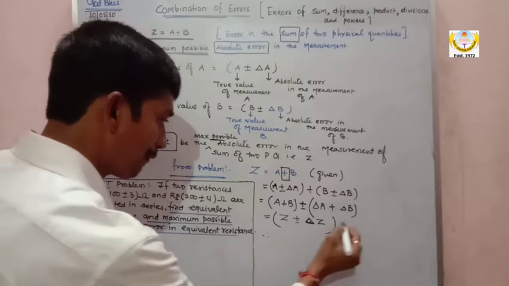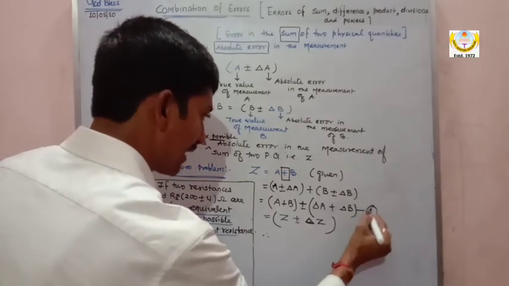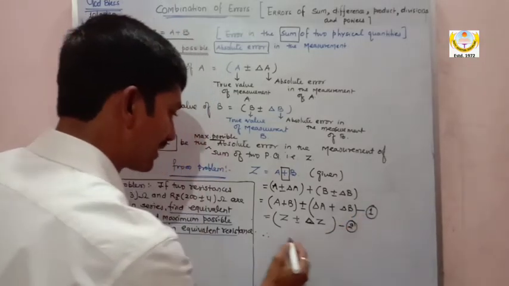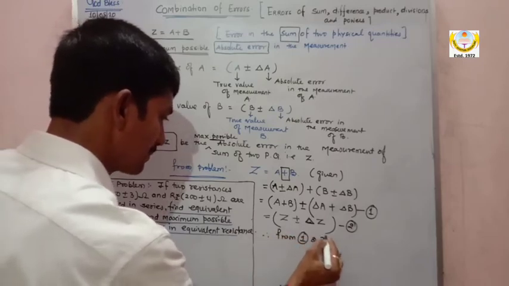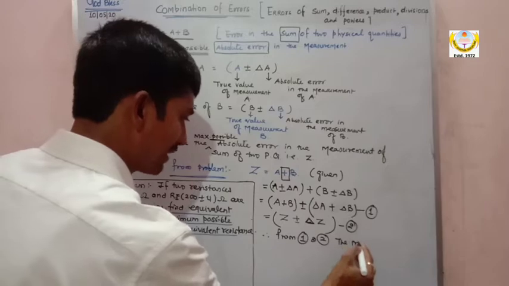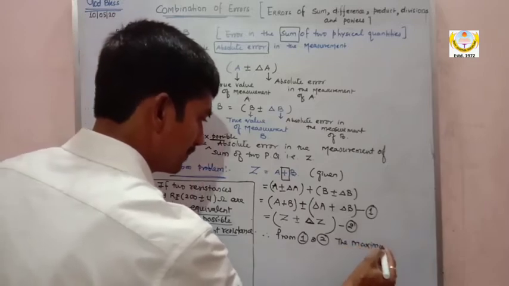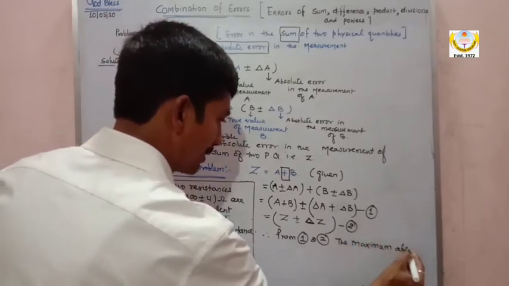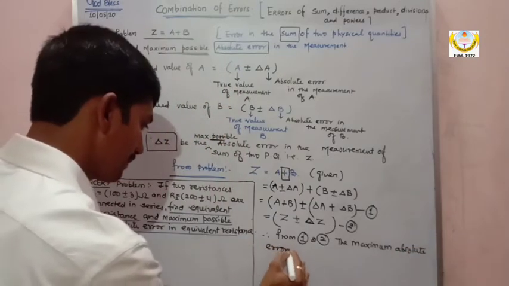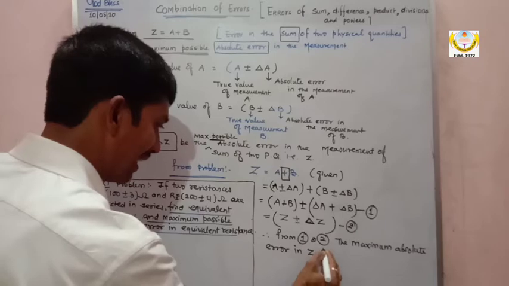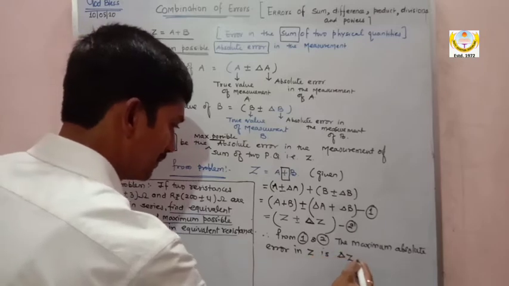Therefore, from this, say this is 1 and this is 2, I can say from 1 and 2, the maximum absolute error in Z is delta Z.